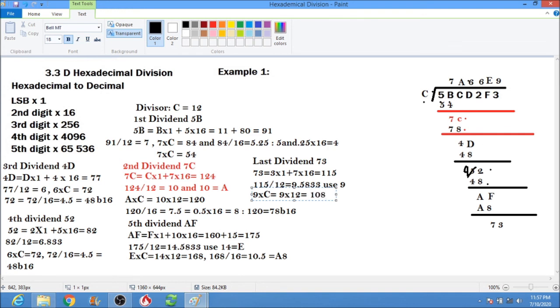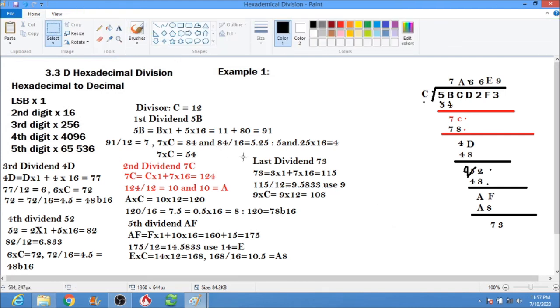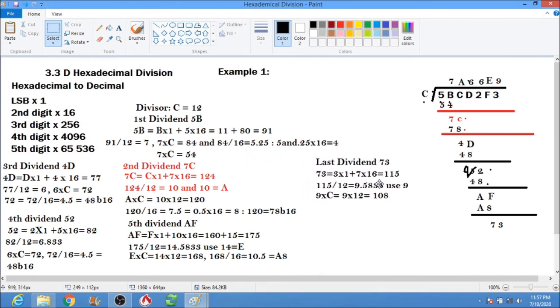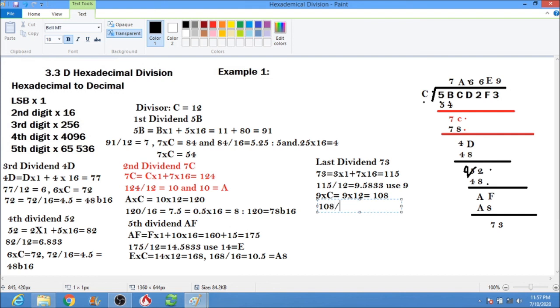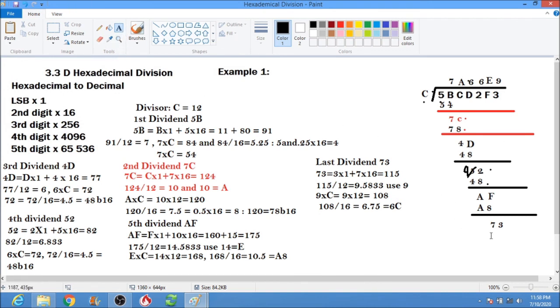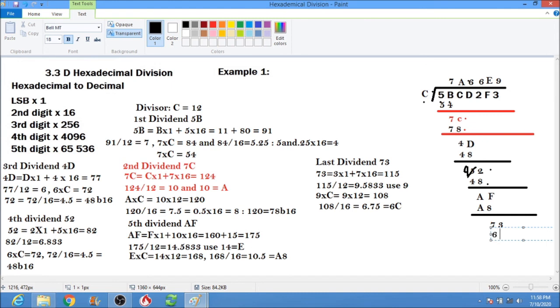Then 108 converted to hexadecimal: 108 divided by 16 is 6.75, and 0.75 times 16 is 12, and 12 is C. So 6.75 is 6C. So we write 6C.